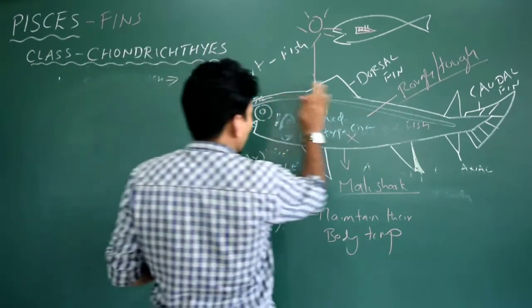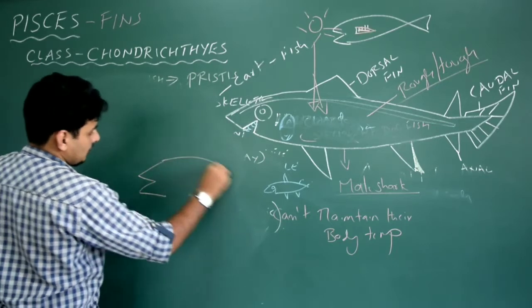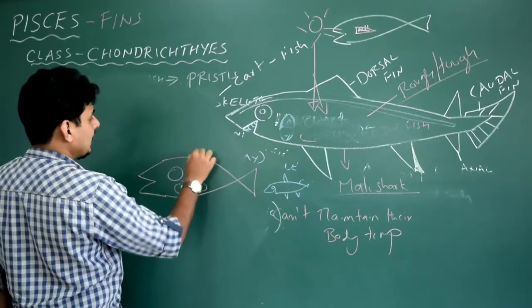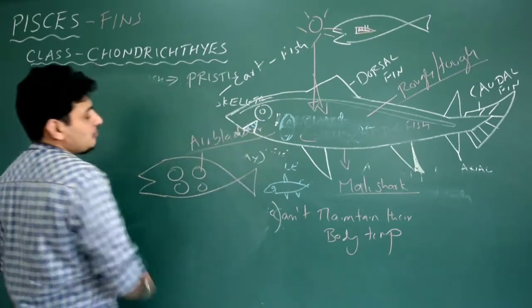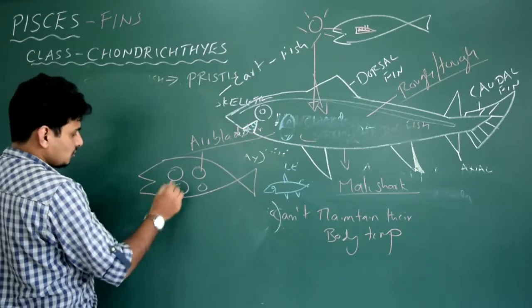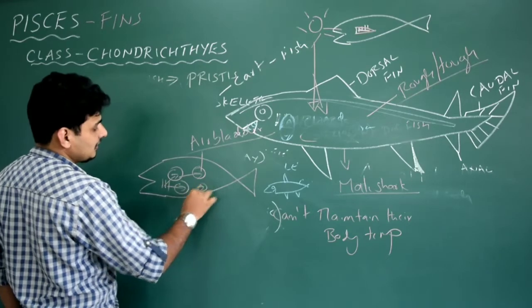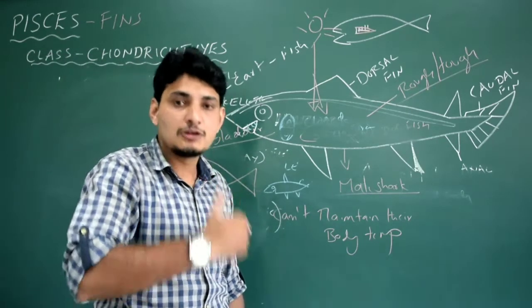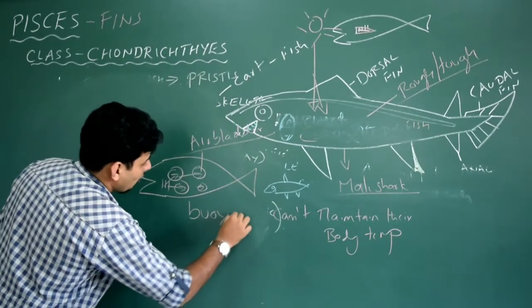Okay, so let me tell you what this air bladder is. We take one small bony fish example. Inside the body they have an air bladder. Because of the air bladder, when they respire, the air enters into this air bladder and resides inside the bladder, and because of that it helps the fish to float. That is nothing but buoyancy.